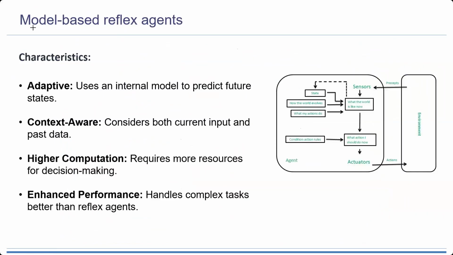The second one is the model-based reflex agent. The model-based reflex agent is adaptive because it has an internal model to predict future states. And it is context aware. It includes the current input and past data. The current input means, what is the temperature in this room now?